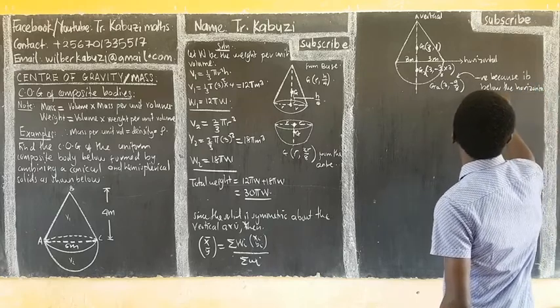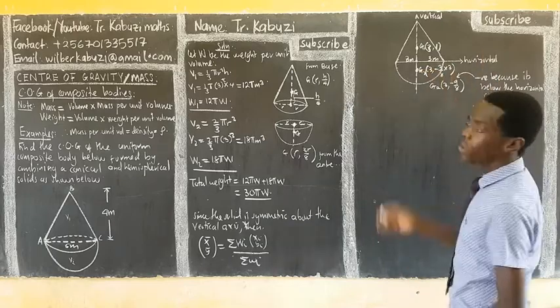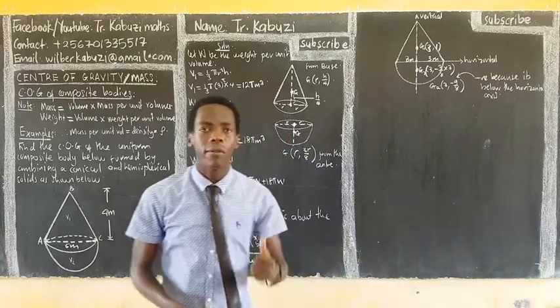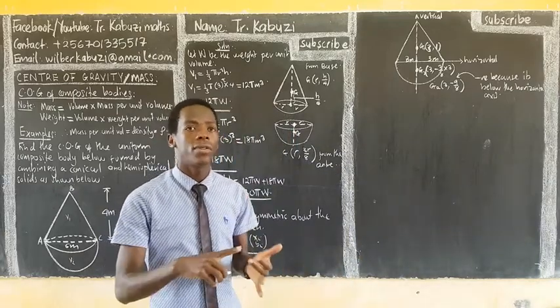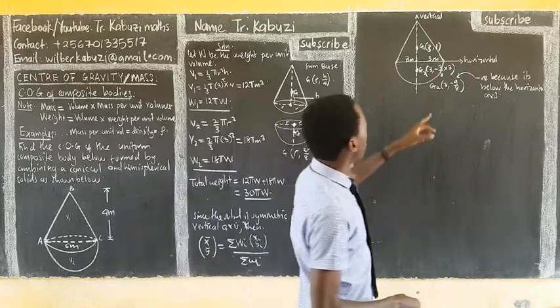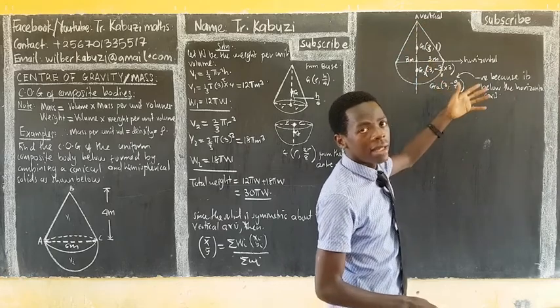We consider this the horizontal axis because always to get the center of gravity, you need the vertical and you need the horizontal. As simple as that. So you see that if it's symmetric about the vertical, the x values are always going to be the same.